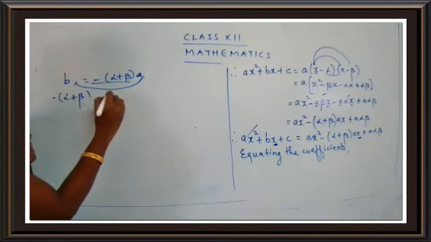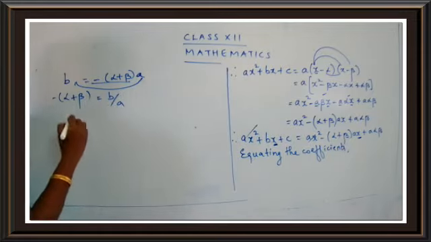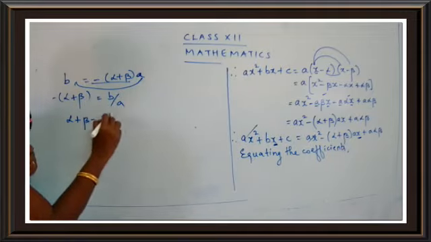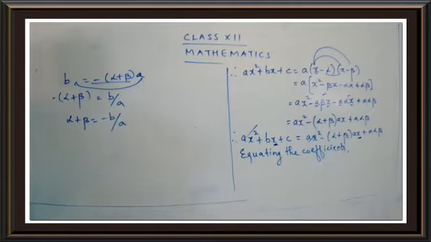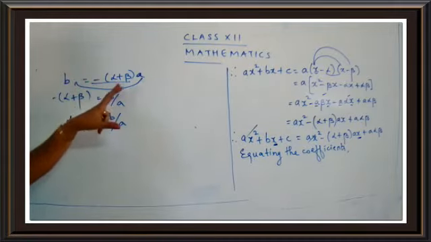So what I'll get, this is b upon a. So what is the value for alpha plus beta? This is minus b upon a. I hope you people are clear. So what we have done here, we are going to equate the coefficients. First of all, we have taken the x term, so b is equal to minus of alpha plus beta into a.